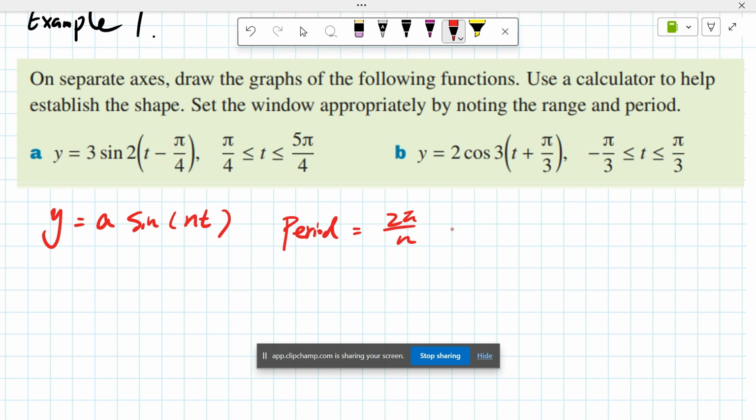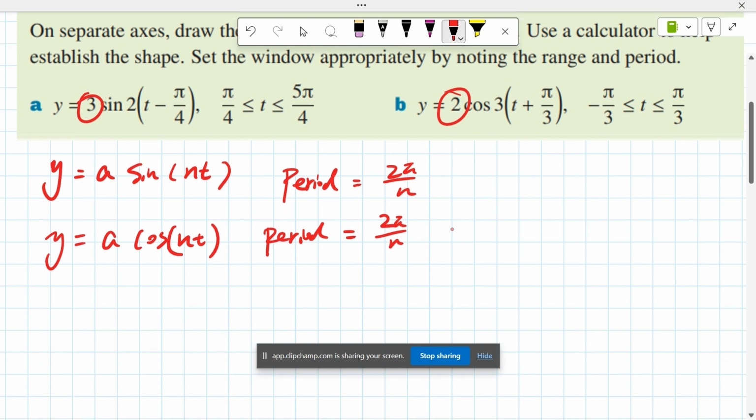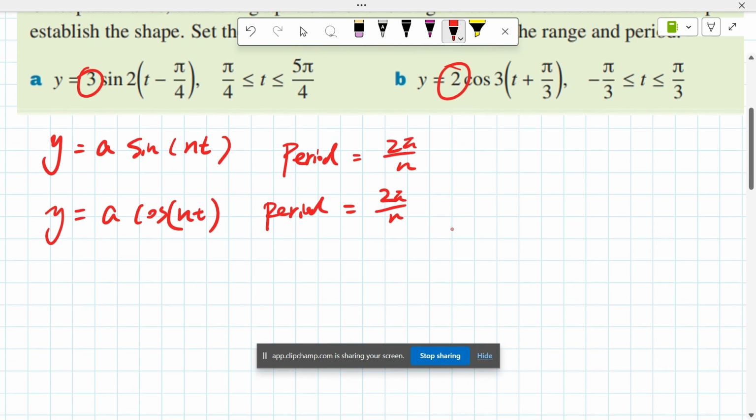And if you have y equal to a cosine nt, your period is equal to 2 pi over n as well. The amplitude is the front number, so depending on which number is in front, that will help you with that.